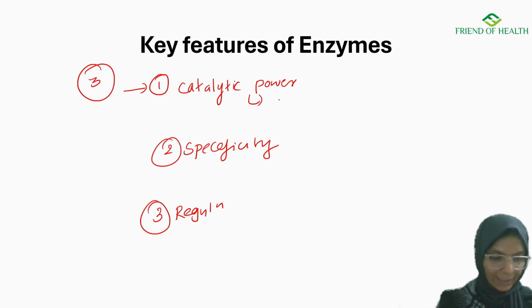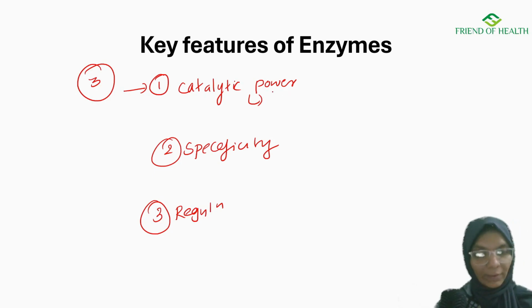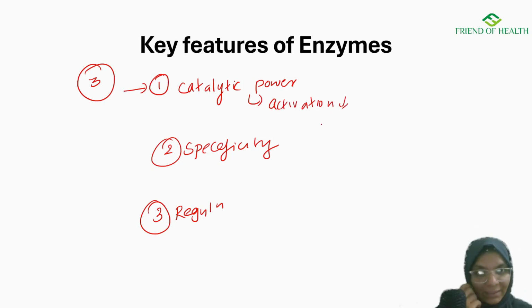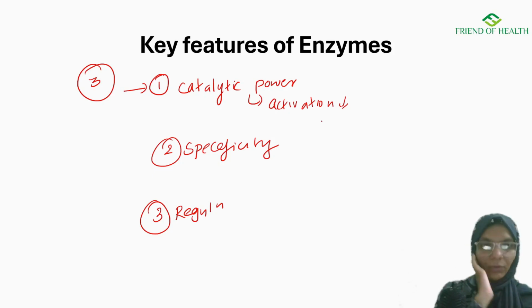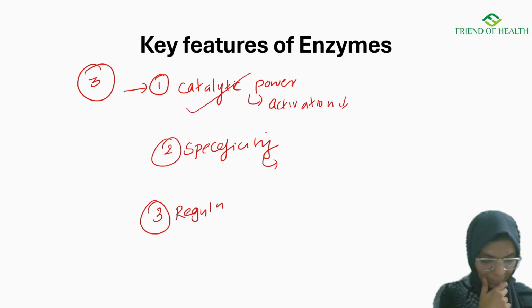That's why they have catalytic power. They do this by lowering the activation energy, which means the minimum energy needed to start a reaction. In our body, temperature is always stable, so enzymes help reactions happen without needing to raise the temperature. That is known as catalytic power.